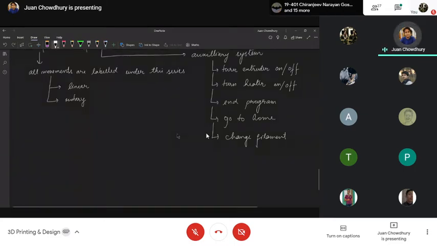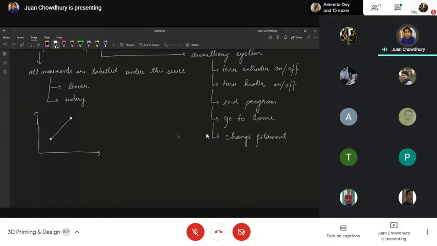It is very convenient for us to understand that in a Cartesian plane, we can easily move from one point to the other point by simply drawing a line. But just think about how a motor will execute this process.